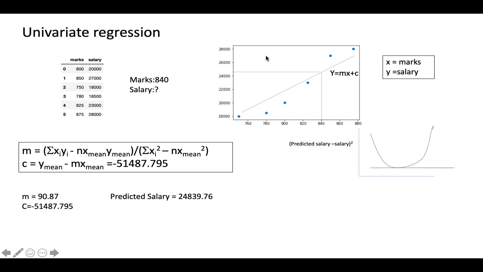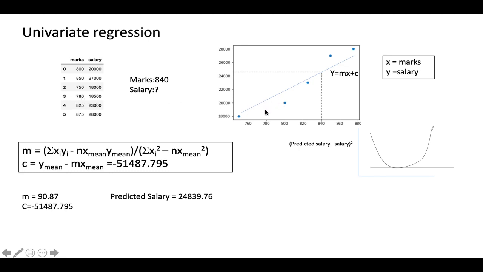Okay, so how did we do that? So we made two assumptions. We assumed that if this line, this is the error, like suppose if a student gets 780, and we try to predict the student's salary using this line, we would predict somewhere around 20,000, right? But the 780 student actually got 18,500.